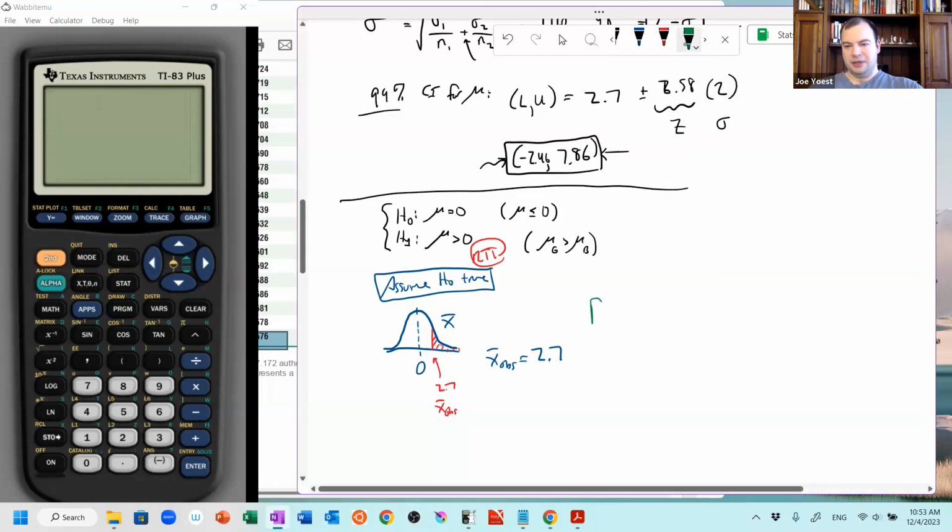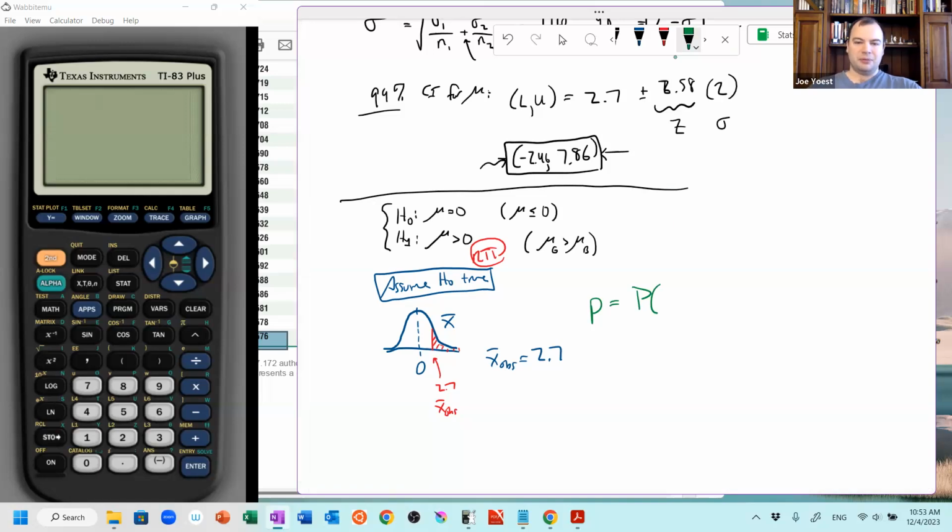I can calculate my p-value. So this is the probability that what? The random variable X bar is bigger than 2.7. Or this is the probability that Z is bigger than the standardized value, 2.7 minus the null hypothesized value of mu, but that's always 0.